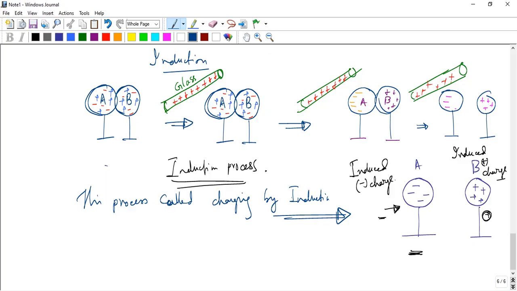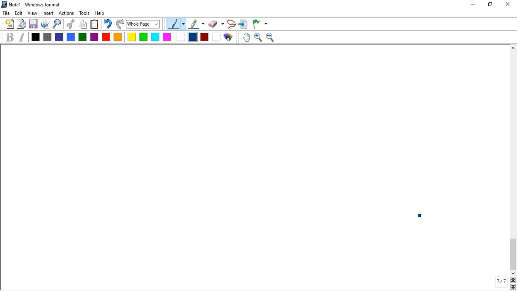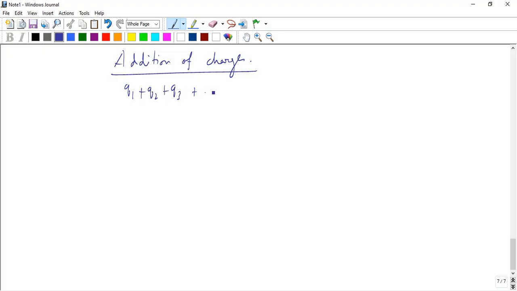Now we say there's some additivity of charges. Addition of charges is simple algebraic addition. Suppose Q1 plus Q2 plus Q3, that is Q total.